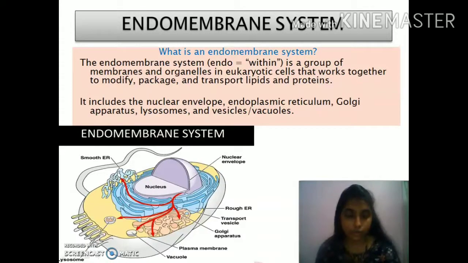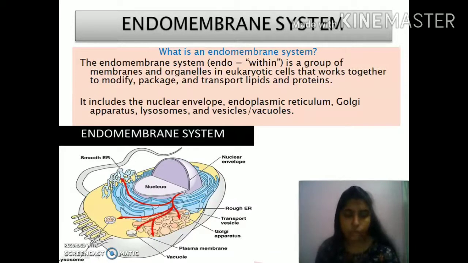What is an endomembrane system? It is nothing but a group of membranes and organelles in eukaryotic cells that work together to modify, package, and transport different types of biomolecules like lipids and proteins. It includes a group of cell organelles and membranes within our cell, and all of them together function to modify, pack, sort out and finally transport biomolecules like lipids and proteins out of the cell.